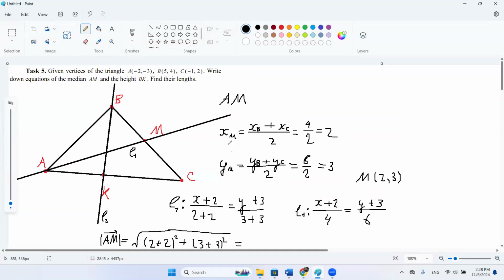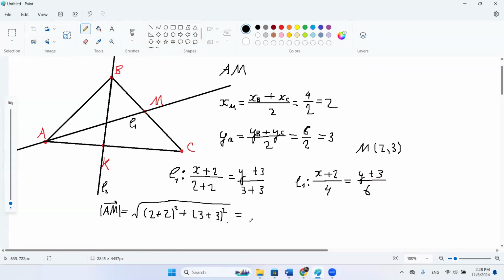Distance between points, so 2 plus 2, 3 plus 3. So 4 plus 36, yeah, it's not good enough. So not everything can be evaluated here. So 4 by 10, by the way, and finally it equals 2 square roots of 10.